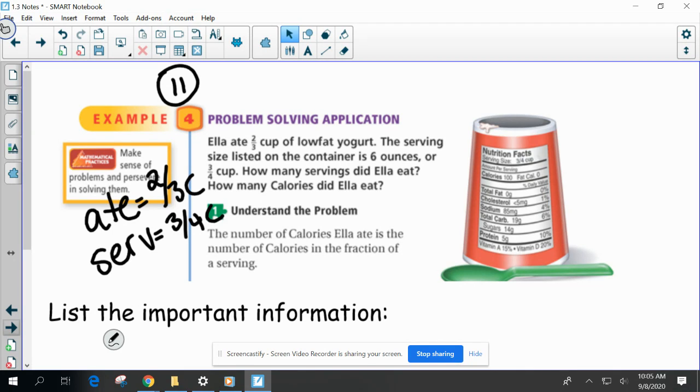Okay. So I'm going to go through an easier example first, and then we'll do this. So here is a box of vanilla wafer type cookies, right? If I look at the serving on the nutrition label, it says that 9 cookies is a serving. So if I ate 27 cookies, how many servings did I eat? 3.